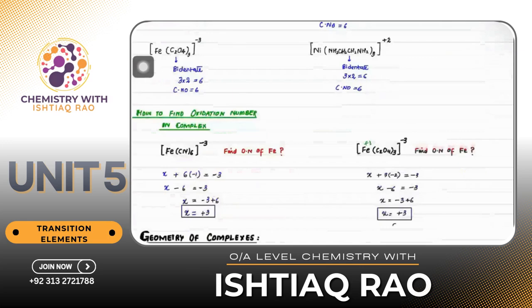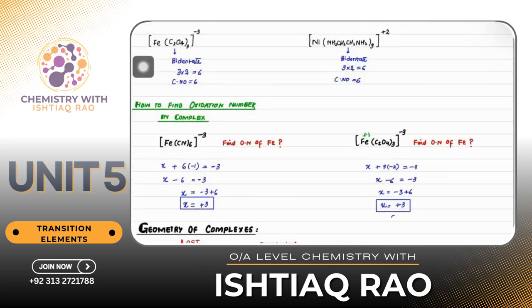In this way, we used to find out the charge. We would be doing the same thing in a complex compound. Let's say this is the complex, and we have to find out the charge of iron in Fe(CN)6. Cyanide is a negative ligand with charge -1, and the overall charge on the complex is -3.